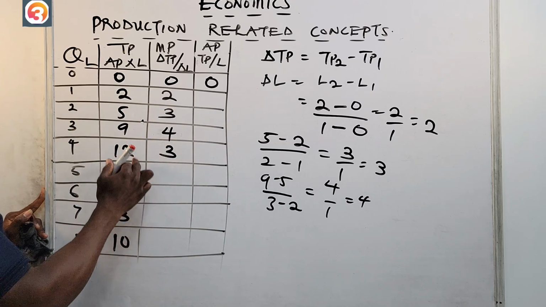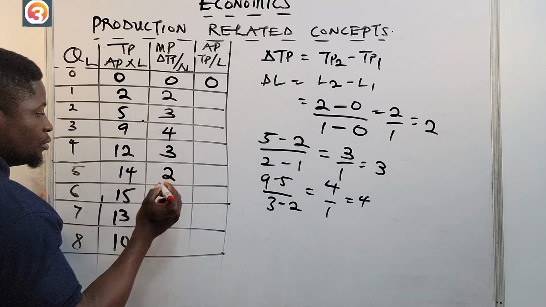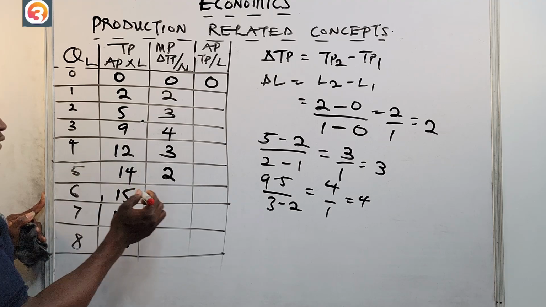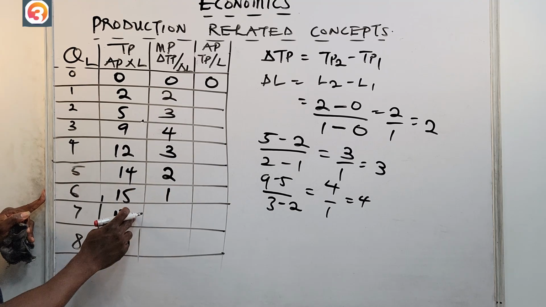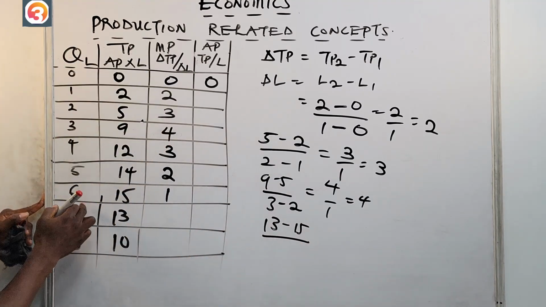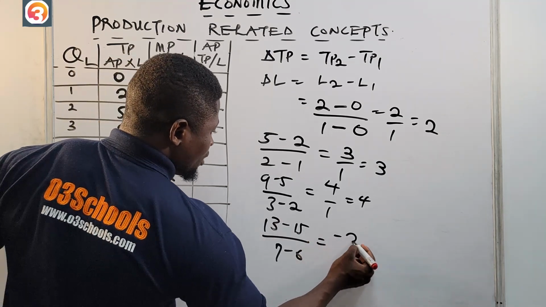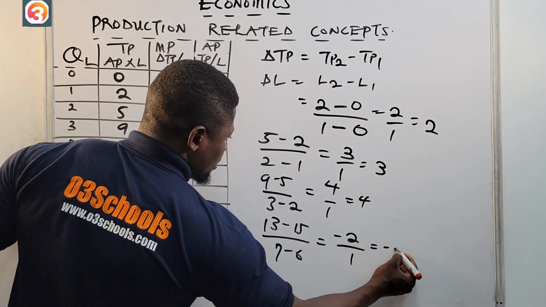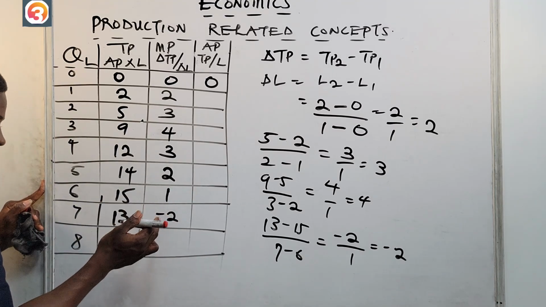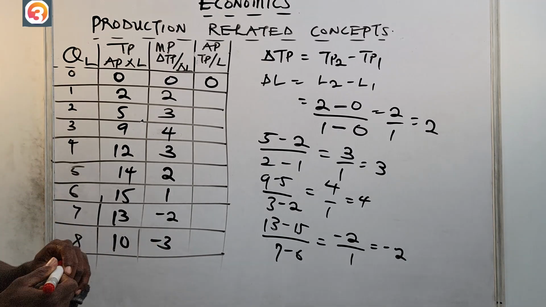For the next level, 14 minus 12 is 2, and 5 minus 4 is 1, so 2 over 1 is 2. Then 15 minus 14 is 1, and 6 minus 5 is 1, so 1 over 1 is 1. Then 13 minus 15 over 7 minus 6 is minus 2 over 1, which is minus 2. 10 minus 13 is minus 3, and minus 3 over 1 is minus 3. So we now know all the values of our MP.